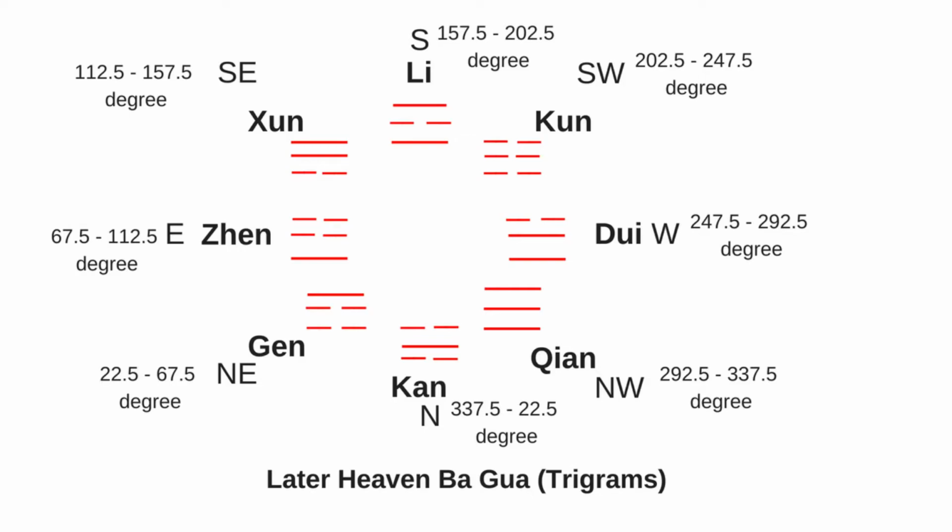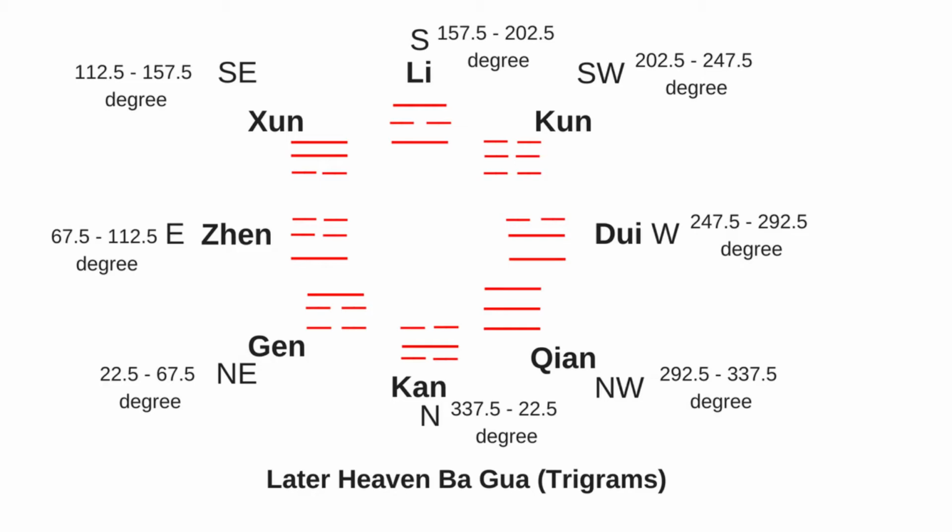But if you are doing the graveyard, then you can use the Xian Tian Ba Gua. So if you look at the later heaven Ba Gua, you can see that each of the 8 sector is one of the trigram, and it corresponds to one direction. That's kind of the basis of the 8 mansion style Feng Shui.